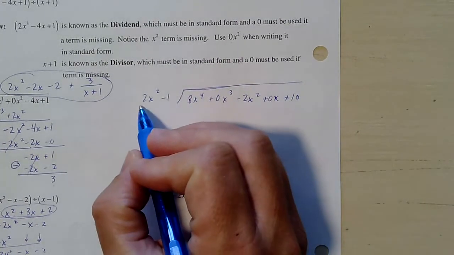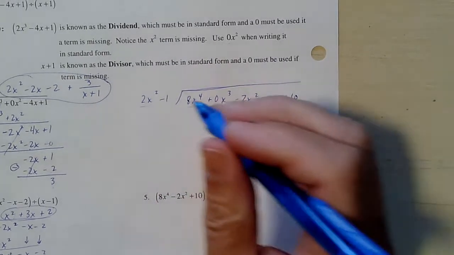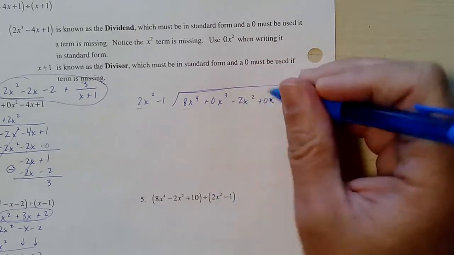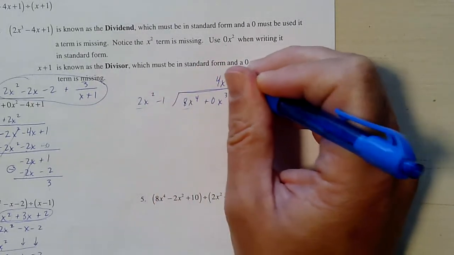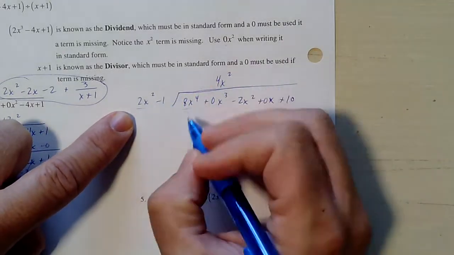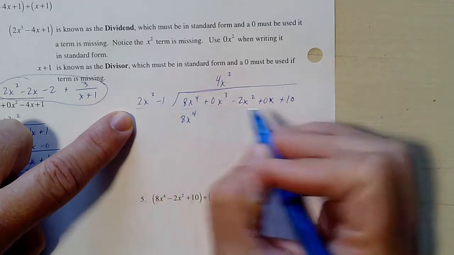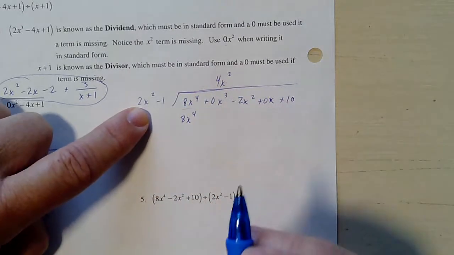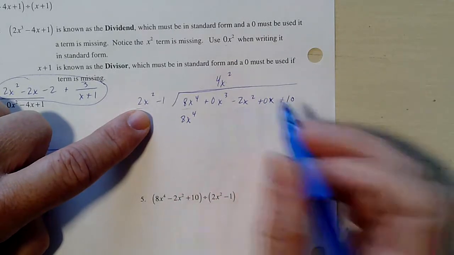All right, so 2x squared goes into 8x to the fourth. How many times? 4x squared. Okay, a lot of times they'll line it up here right over the term. That doesn't really matter. All right, so 4x squared. Multiply now. This times that, 8x to the fourth. This times that is minus 4x squared. Take note now, I'm not going to write minus 4x squared right here.